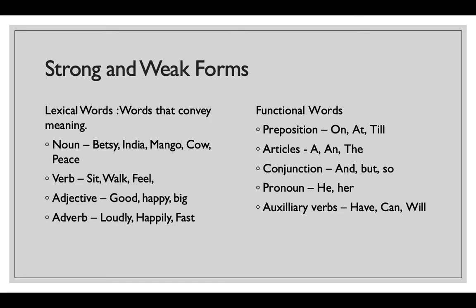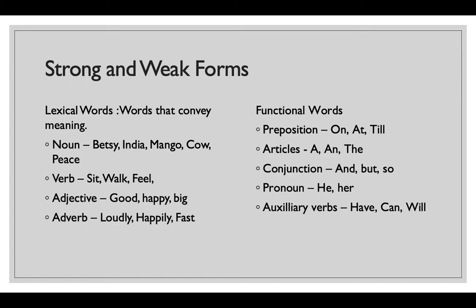Now, one more topic to deal with pronunciation is that of strong and weak forms. Now, നമ്മളുടെ സ്പീച്ചിൽ, of course, we are still talking about speaking skills. You know, the words that we use for speech can be broadly categorized into two divisions. ചില വാക്കുകളുണ്ട് which convey meaning.